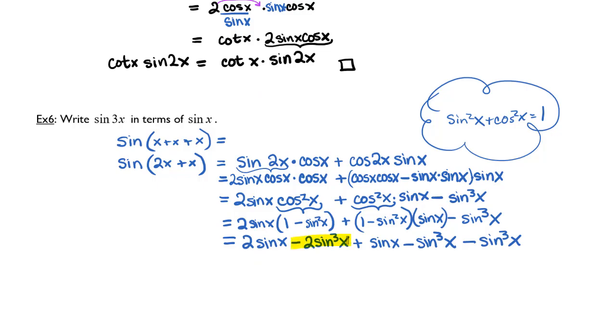We have a minus 2 sine cubed x. We have a minus 1 sine cubed x and another minus 1 sine cubed x. If I combine like terms, I have 3 sine x's and I have negative 4 sine cubed x's.